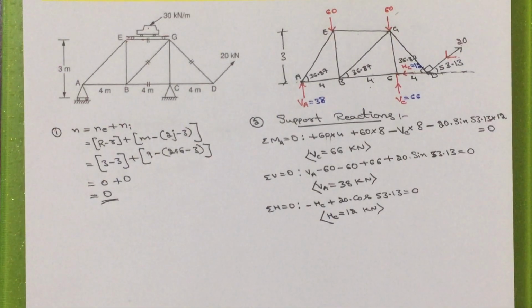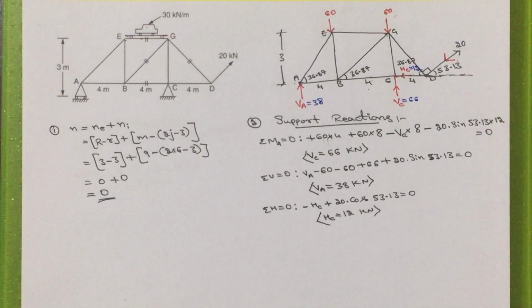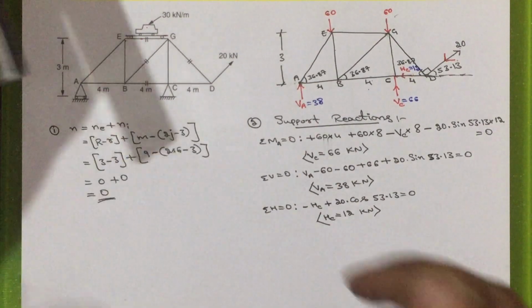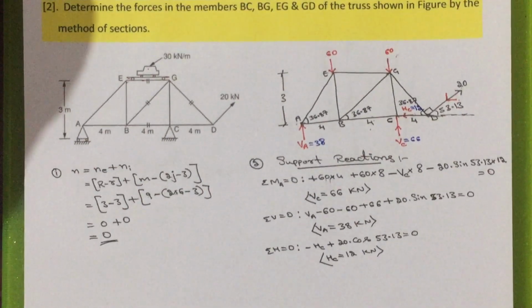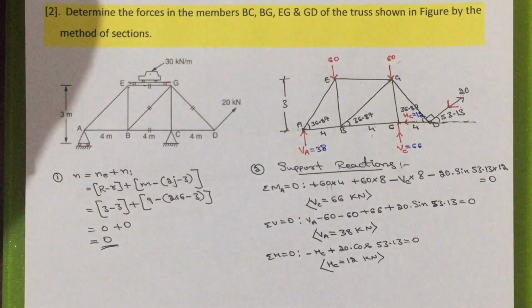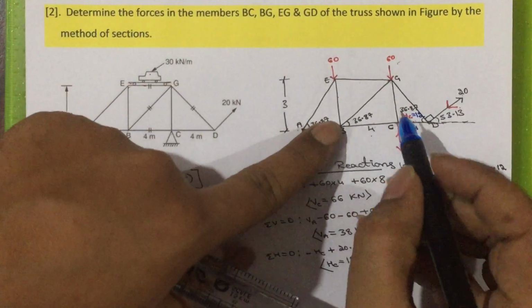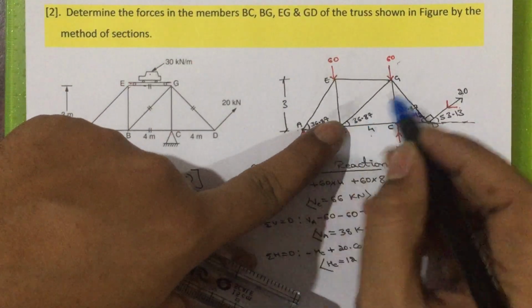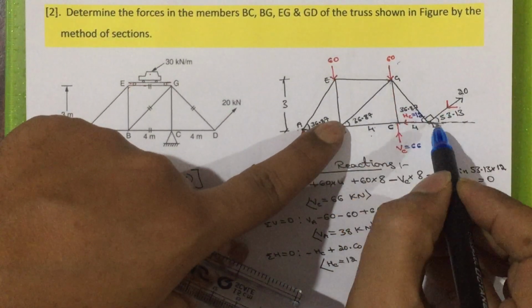Okay. Once you have calculated the support reaction, the next step is writing the section line. Now where do we need the section line? Here we need to calculate BC, that is this one, then BG, then EG, then GD.